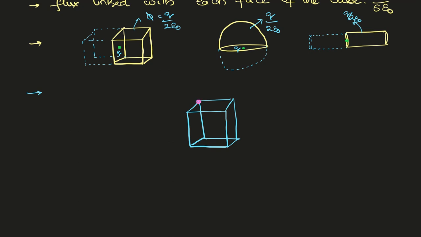To close that corner, we have to construct a Gaussian surface such that we need another 7 cubes, then only we can close that corner. So that flux linked with this one cube.